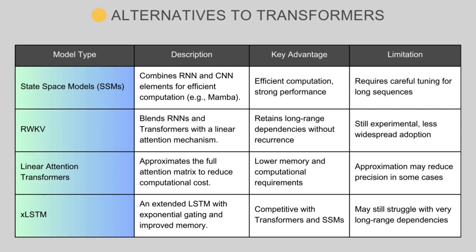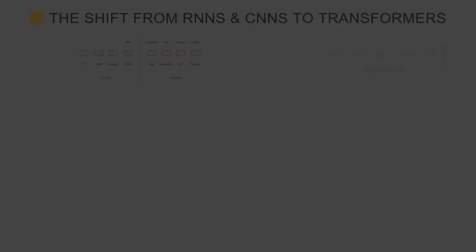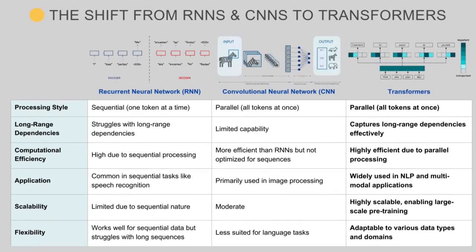Then linear attention transformers, then xLSTMs, etc. The point is that the transition from RNNs and CNNs to transformers has been driven by the ability of transformers to handle sequential data more effectively, capture long-range dependencies, and leverage parallel processing for efficient training. So there are alternatives I've mentioned here, but transformers currently dominate the field of large language models.